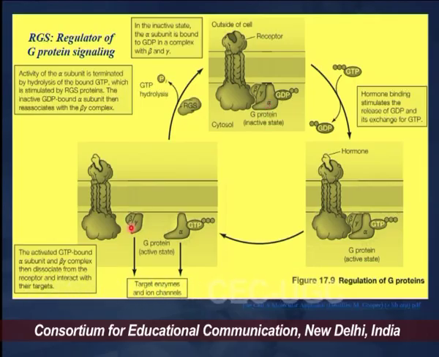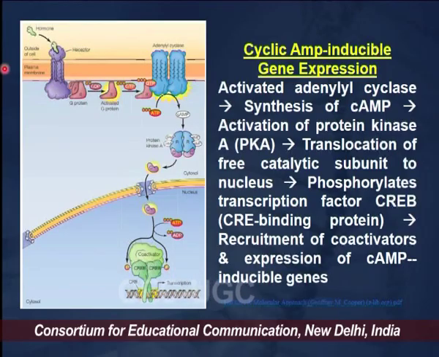So, after understanding the basic activation of the G alpha subunit and G beta gamma subunit, now you are in a state of understanding what happens when cAMP gets formed by the action of adenylyl cyclase. Once adenylyl cyclase leads to the formation of cAMP, the cAMP goes and binds to another kinase, which is called protein kinase A. Protein kinase A consists of two types of subunits.